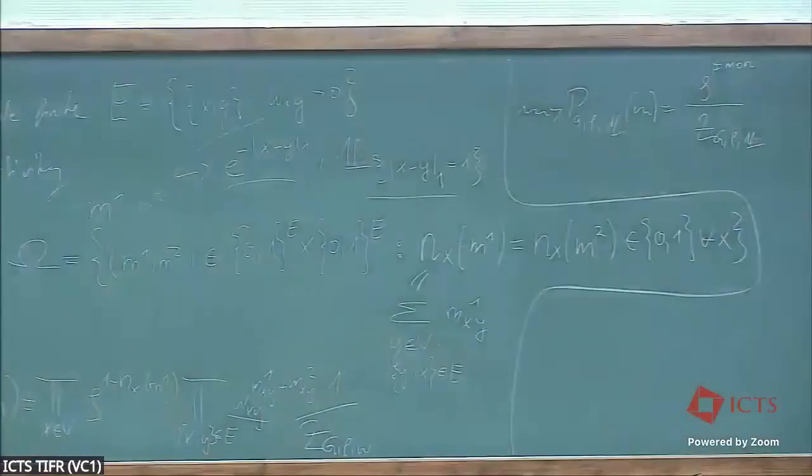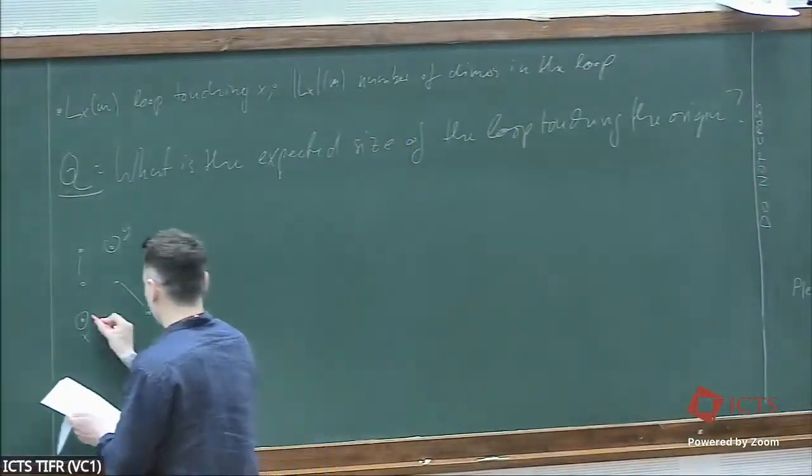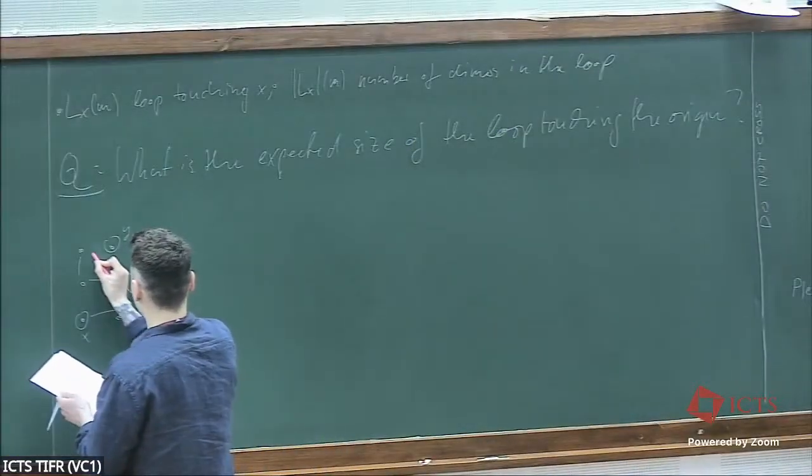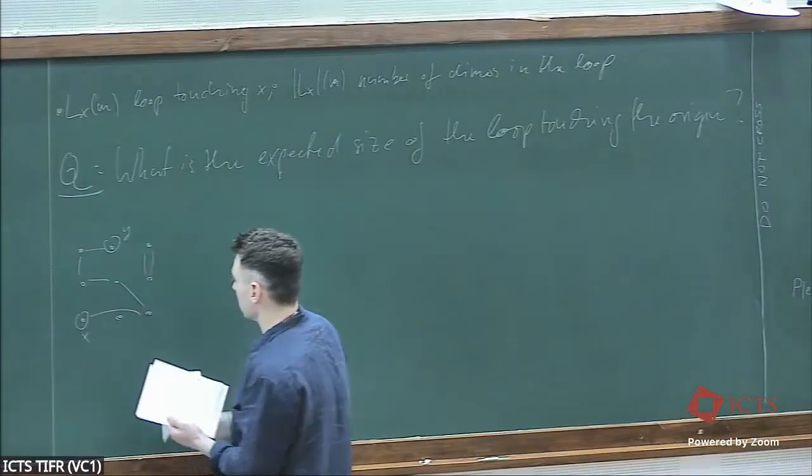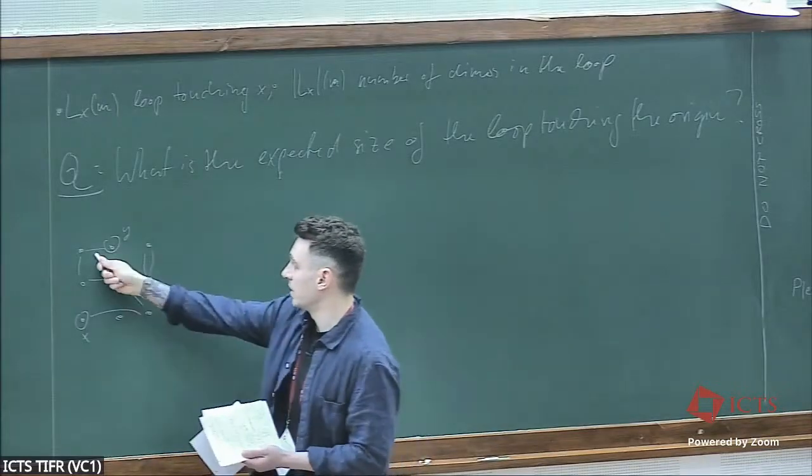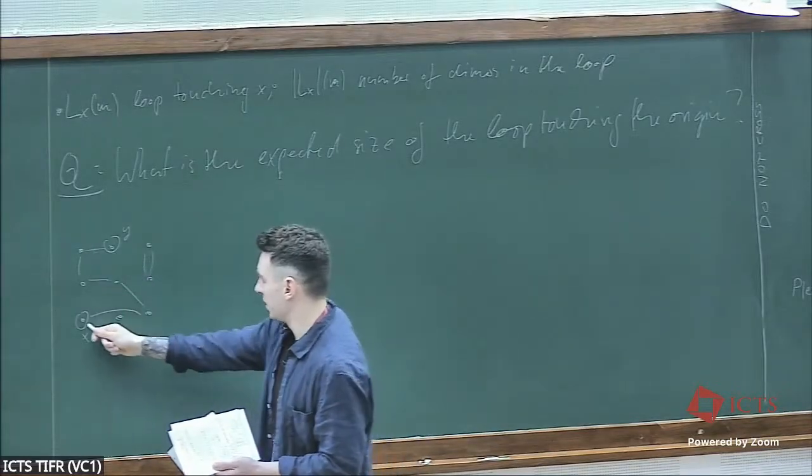Let's say this is y and this is x. And these are now white monomers. What white monomers mean is that I can still place a red dimer on it. So let's perform a configuration which looks, for example, like this. So you see, we can still attach the red dimer at the white monomer.